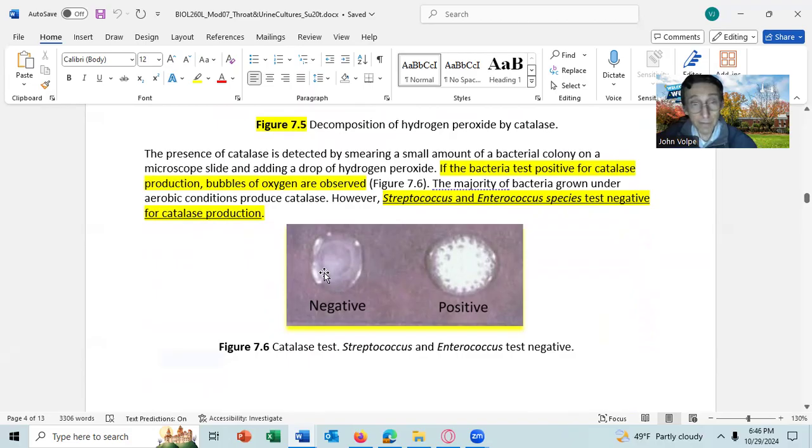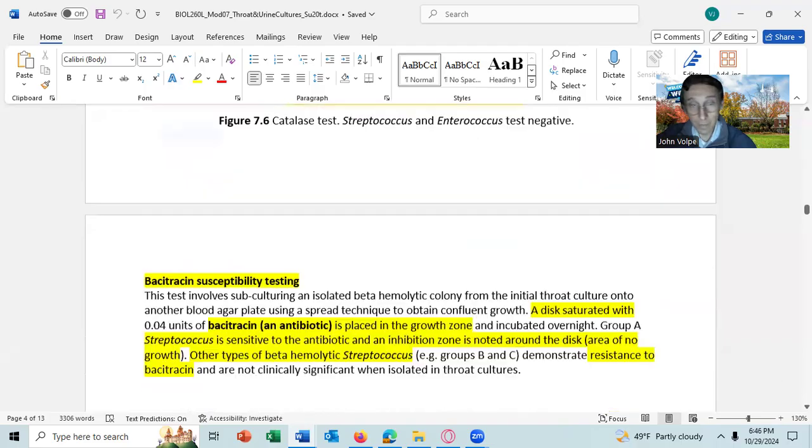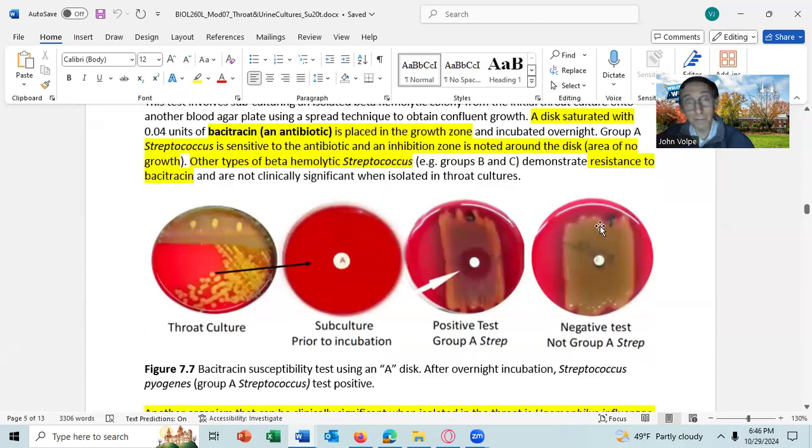You then do the bacitracin test. If it's catalase negative, it's either Streptococcus or Enterococcus, and then you do the bacitracin test. Bacitracin is an antibiotic. You take your swab of the bacteria and put it in this region of the plate, and then put the bacitracin disc on the plate, and then incubate the plate overnight in the incubator, and then take a look at the zone of inhibition around the bacitracin.